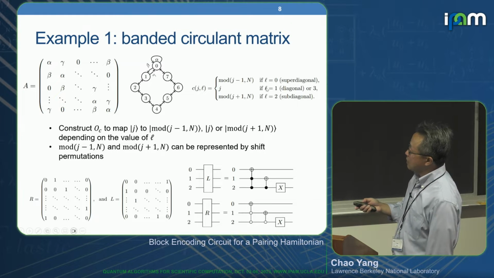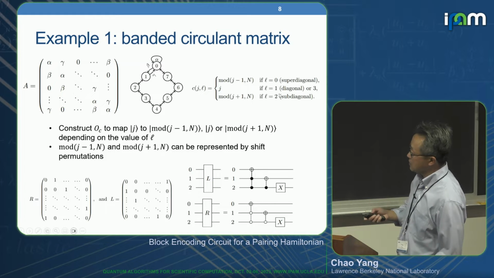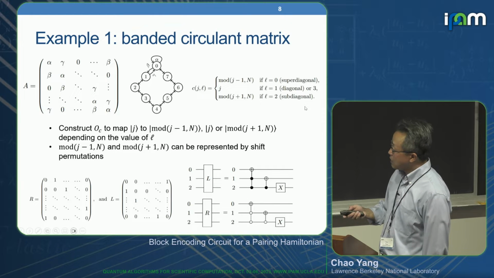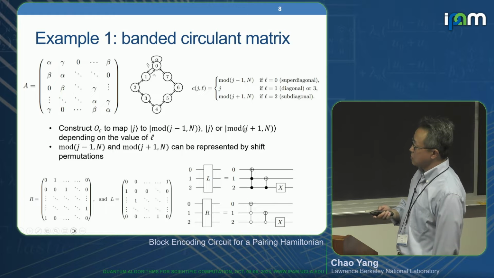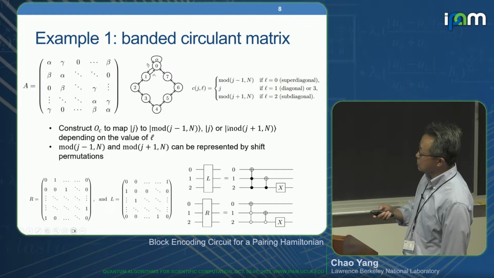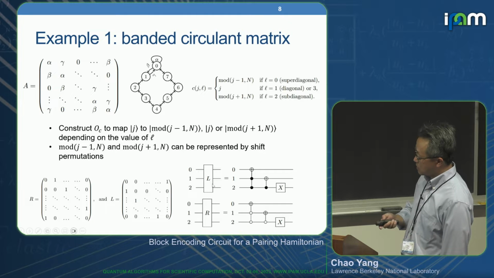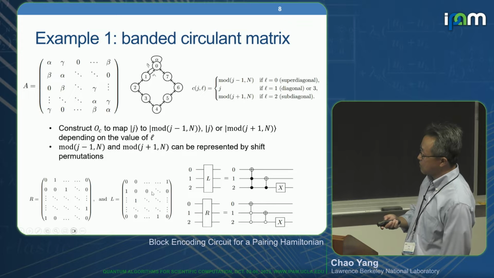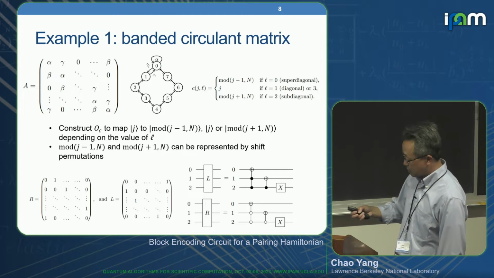Then the diagonal elements, and then the second one is j plus 1. You can construct a circuit to implement this. Because you're adding and subtracting 1, these are permutation matrices, and you can implement them with a sequence of multi-qubit controlled NOTs.